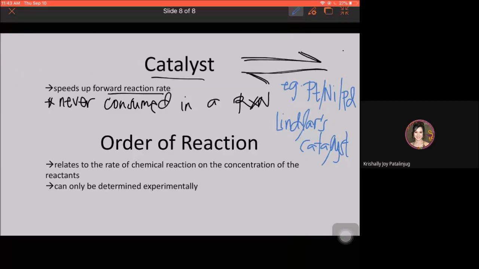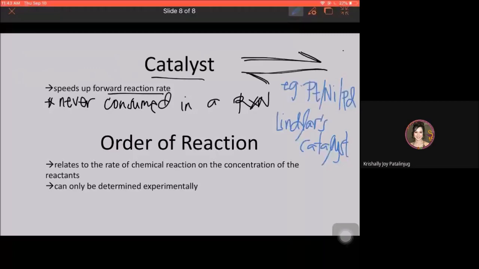And yung last factor affecting chemical equilibrium is yung order of reaction. Pag sinabing order of reaction, this is simply the relationship. Take note ha, ito lang po yung relationship ng rate of reaction, kung unsa kapaspason ang reaction with that of the concentration.